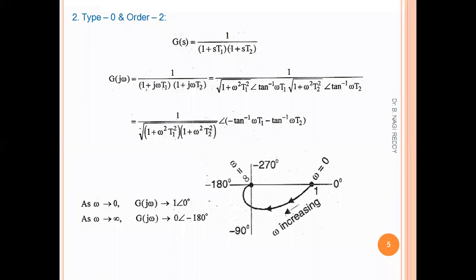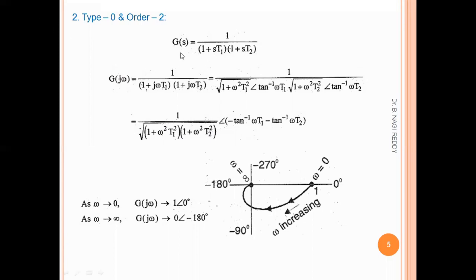Now the same process. This is in s domain. So first we have to convert the s domain into frequency domain by replacing the s term with j omega. So substitute s equal to j omega and convert this open loop transfer function from the s domain to the frequency domain. Of course, this process is very much the same while performing problems on polar plot also.